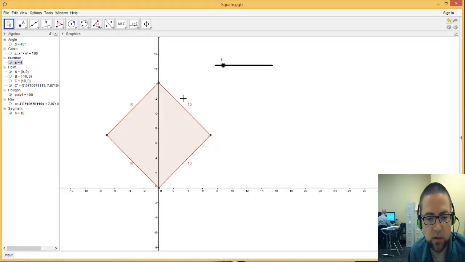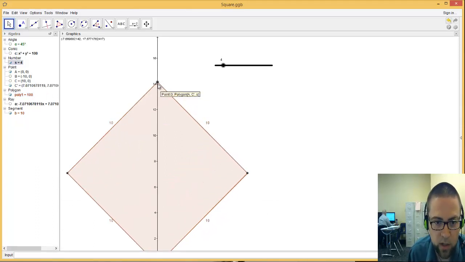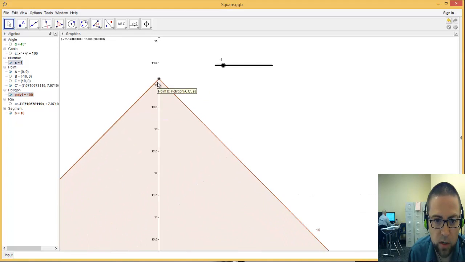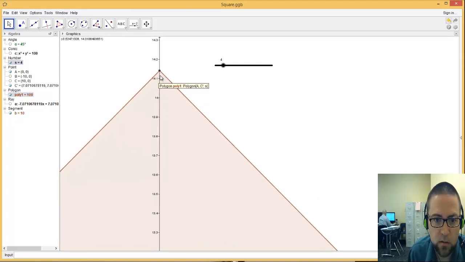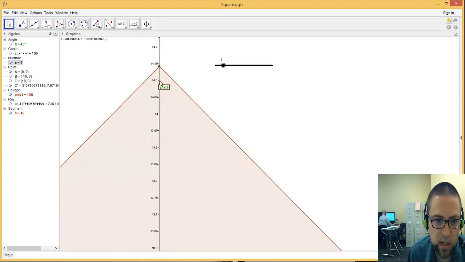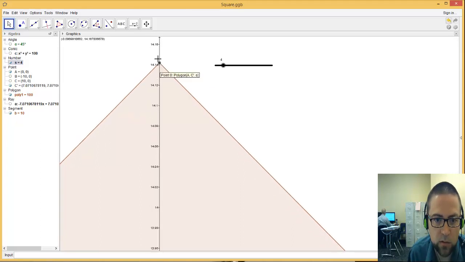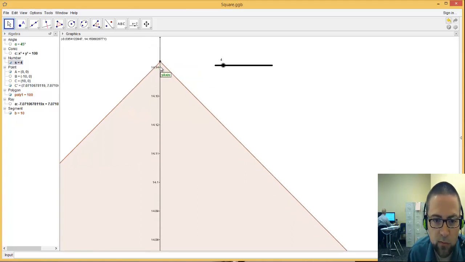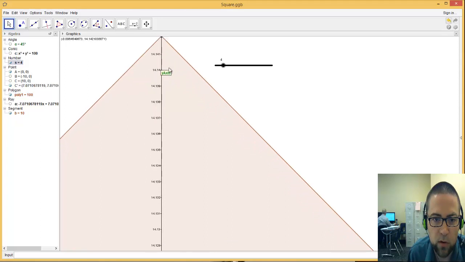That's the trick about going into geometry. Okay, so let's look at this. 14.1 looks like it's pretty close there. But let's go ahead and zoom in and see if we can get a decimal approximation for it. So there's 14.1. See, it's not exactly 14.1. Let's zoom in some more. 14.14. Is it 14.14? No. Let's see, I move this down a little bit.